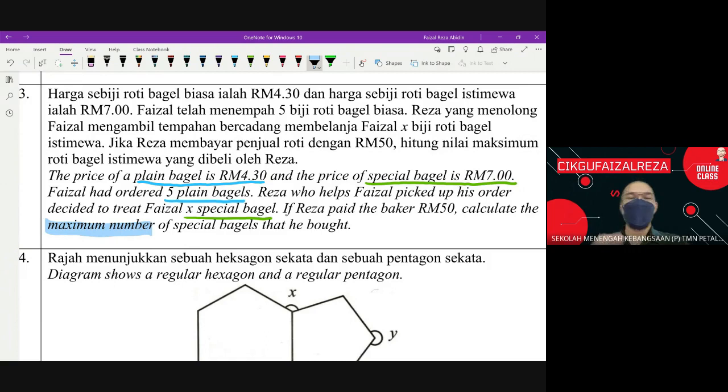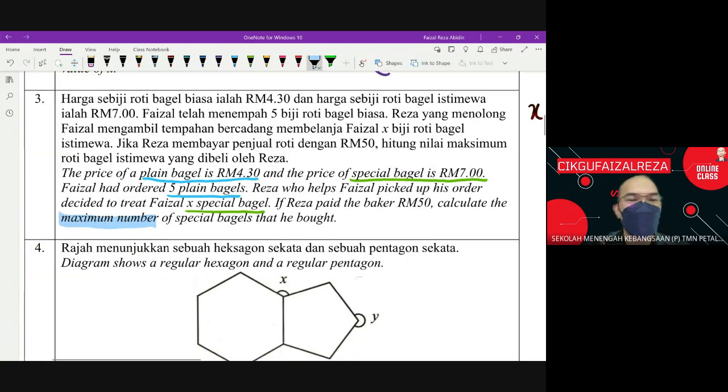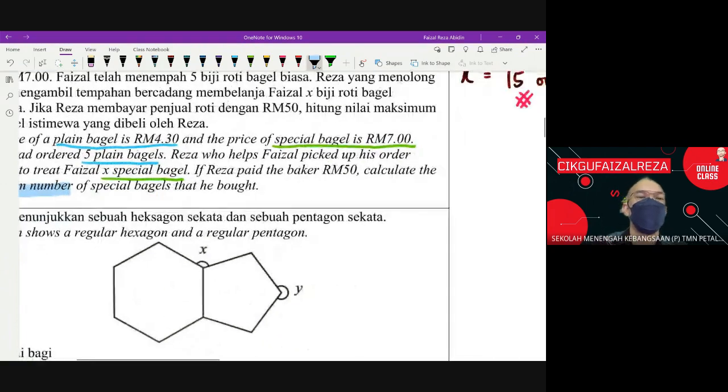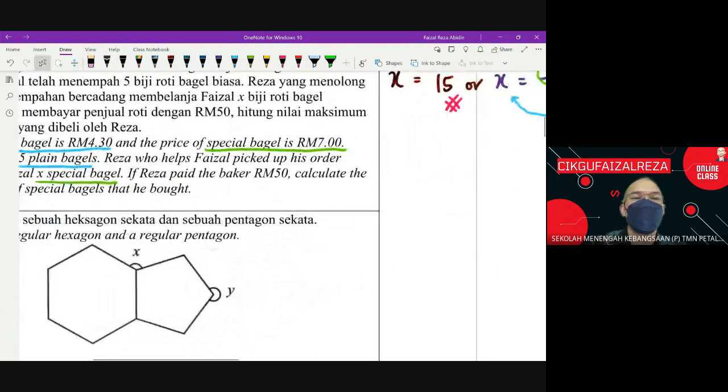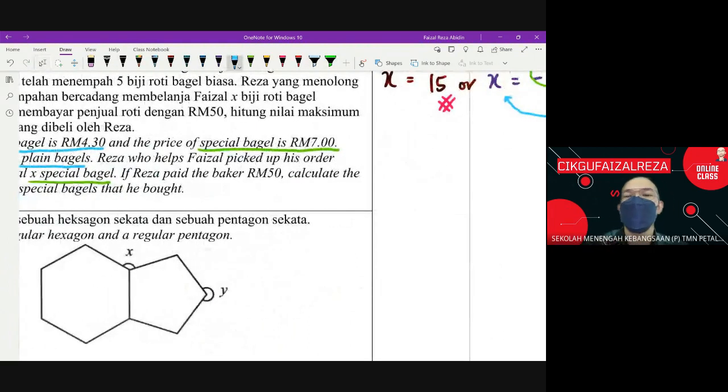Now, I'm going to write it back. We know that the plain bagel is 4 ringgit and 30 cents. He ordered 5 plain bagels. So what I have over here is 5 times 4 ringgit and 30 cents. Am I right? I'm going to write it first.